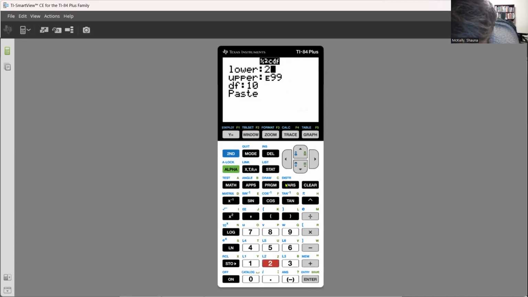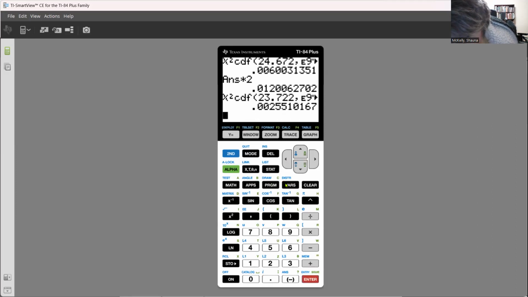We have 23.722 E99. Degrees of freedom is 8. Paste it. 0.0025, which rounds to 0.003. You'd end up with 0.0026, actually, if you rounded to 4. 0.0026 is what you would have here.